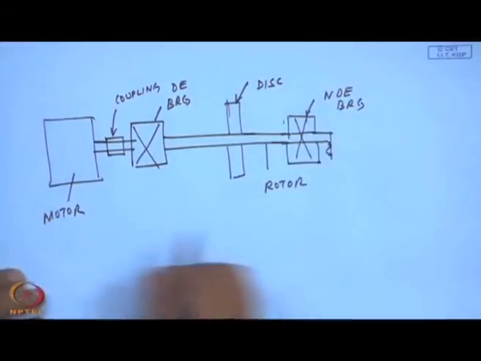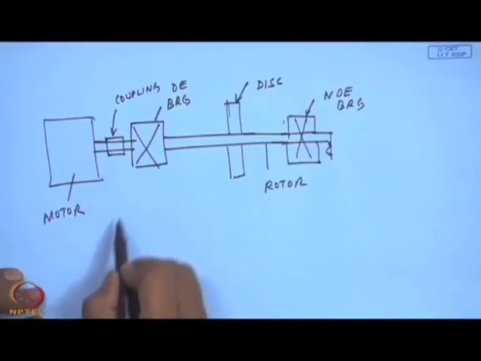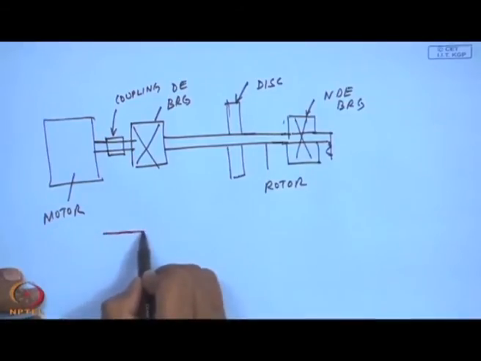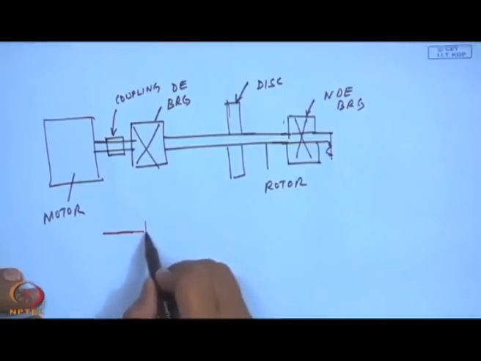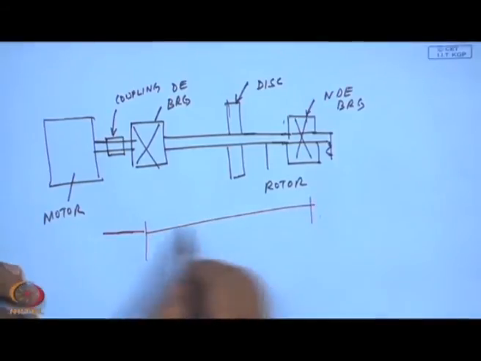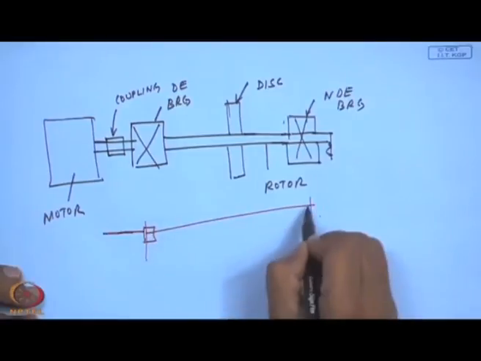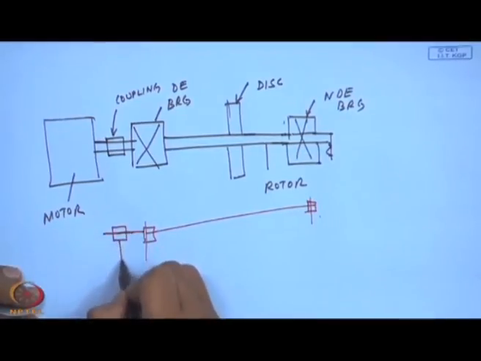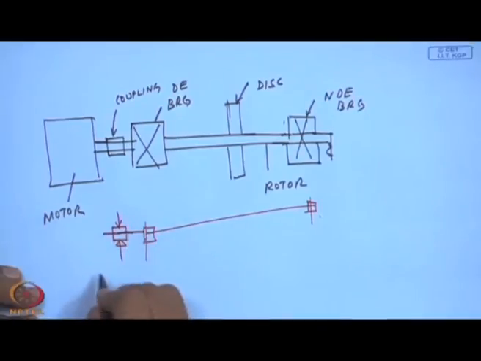So, if these shafts were misaligned to some extent, what happens? There will be forces on the coupling.